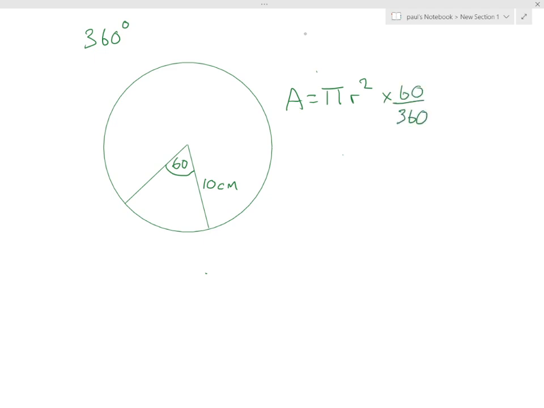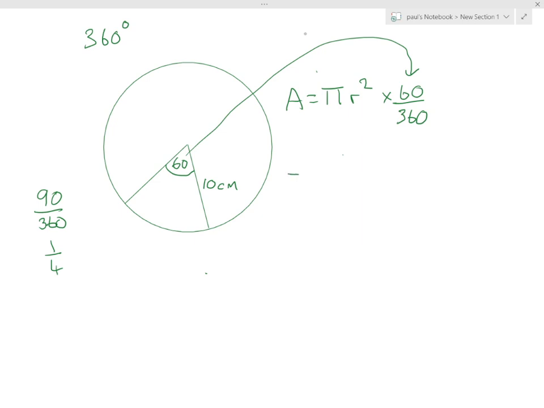So working out a sector is always exactly the same, but this number determines what goes there. If this is 50, 40, 30, 73, 80, 90, yeah, 90 over 360 can be simplified to a quarter. So that's where we get the quarter. We're just using it out of 360.